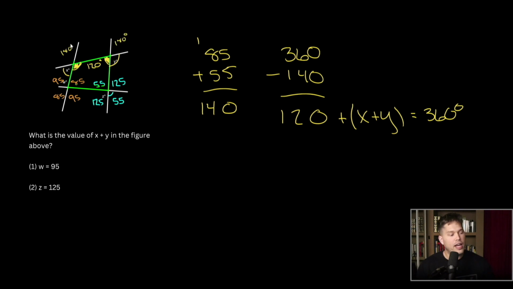So I know that x plus y plus my 2 yellow angles in question must sum to be 360 degrees. Therefore, with both statements combined, I am able to determine what x plus y is. So the answer for this question is statement C. Both statements combined are sufficient. Fantastic.